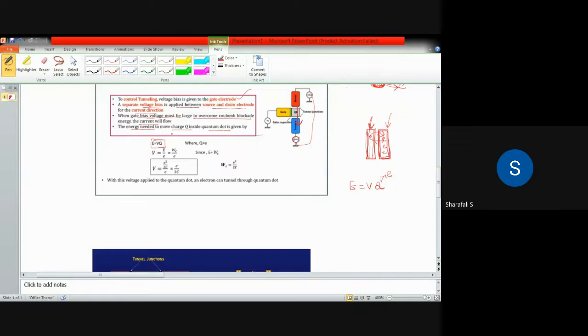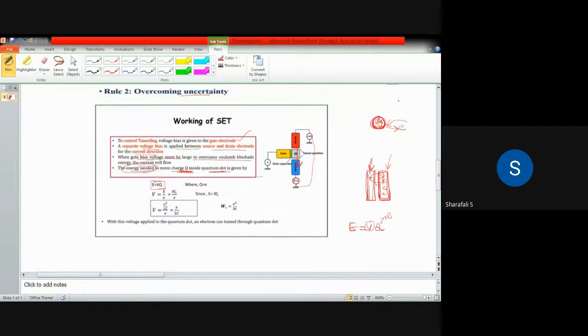If you need an electron in this quantum dot, how much energy do you need? That is E equal to V times Q. V is the potential produced by this quantum dot because of the charges inside it.